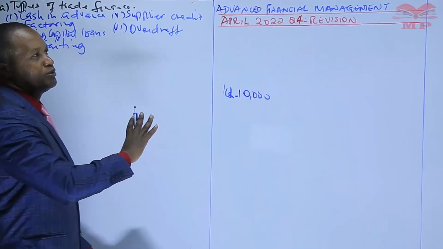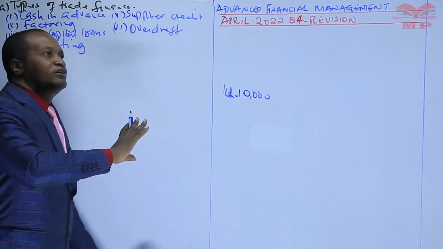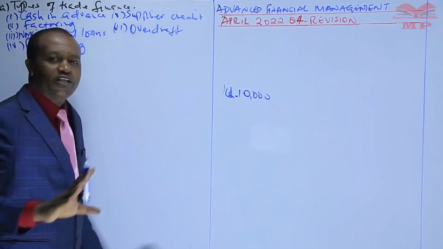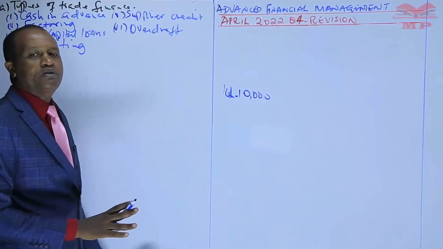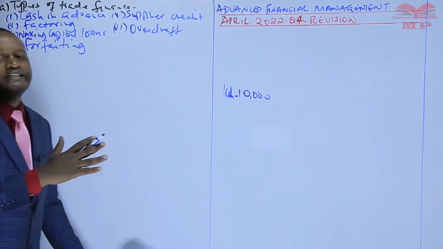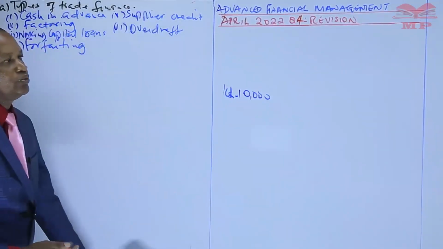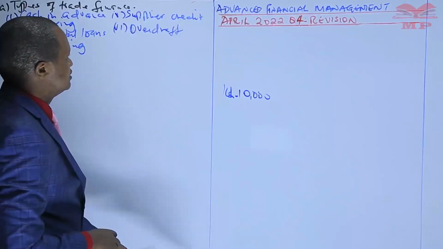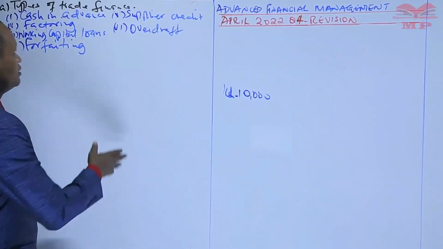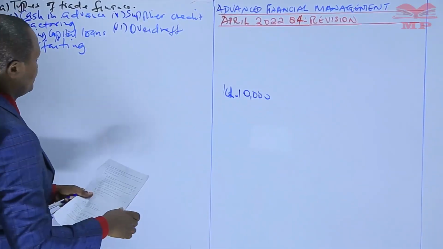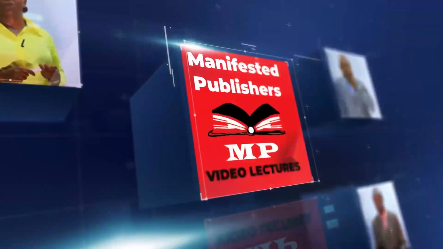So an overdraft can be provided by a bank or a financial institution for a fixed period of time, or as a rolling facility with no end date. So these are types of trade finance.